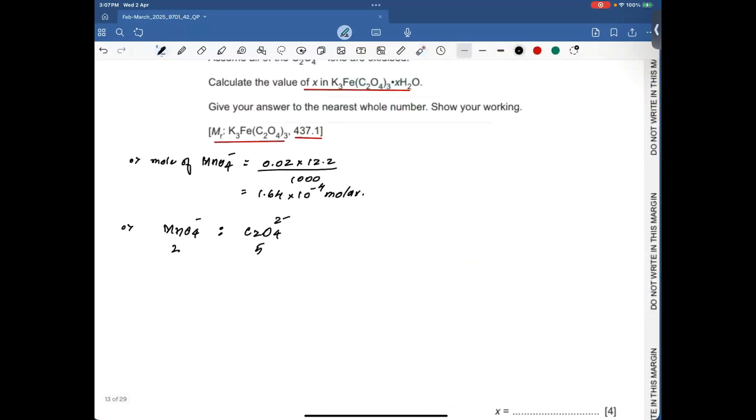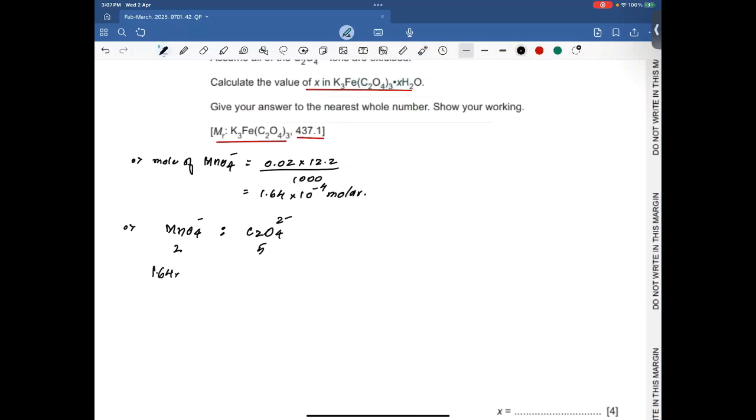So if we have 1.64 × 10^-4 moles of manganate, the moles of ethanedioate would be 6.1 × 10^-4 moles.